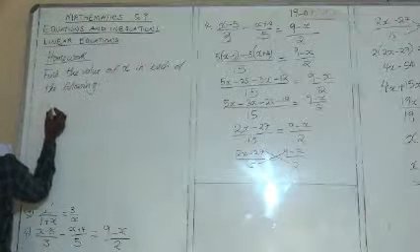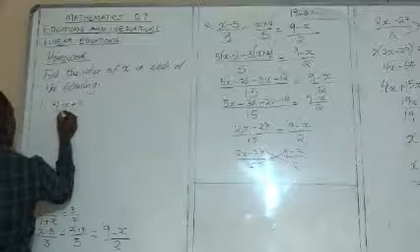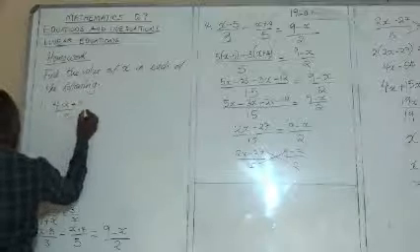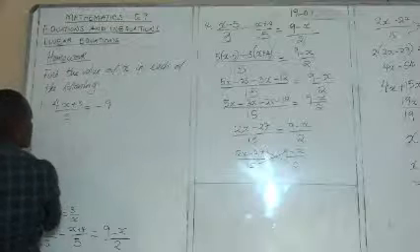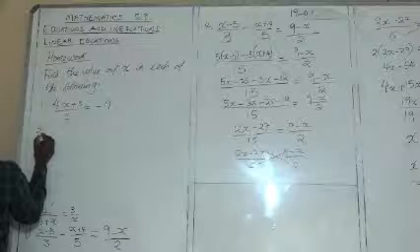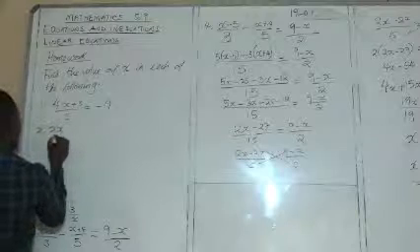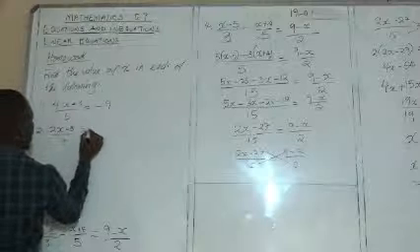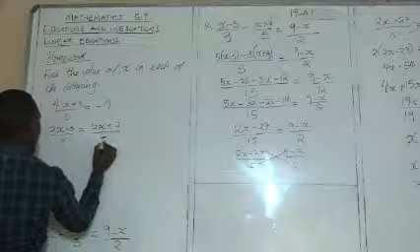Okay, so question 1, you have 4x plus 3 over 5 is equal to negative 9. Then question 2, 2x minus 3 over 7 is equal to 2x plus 3 over 5.